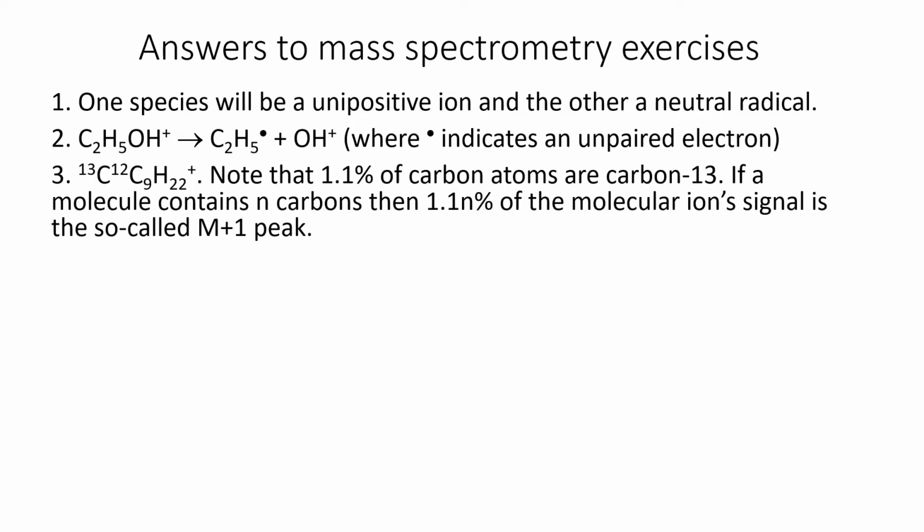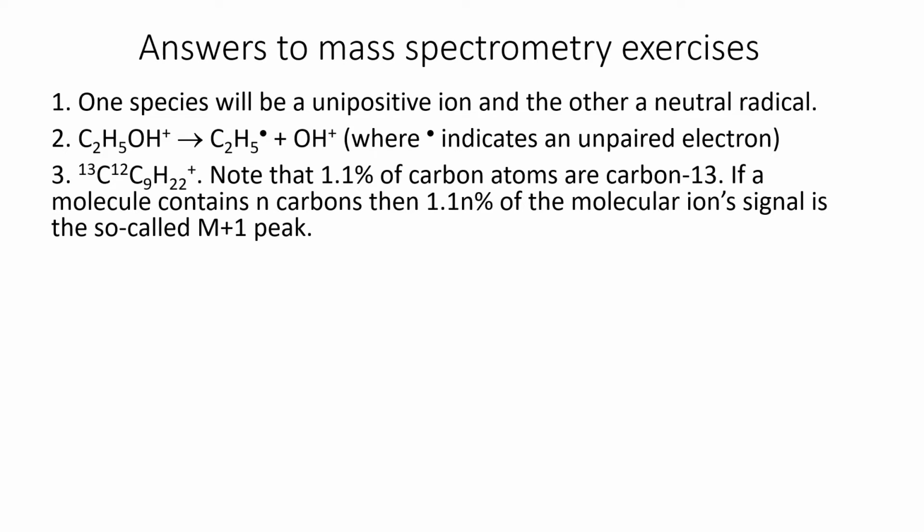So next up, we've got this question on decane. Here the decane is appearing in the spectrum 1 greater than its expected molecular ion peak. That means that one of the 10 carbon atoms has come out as carbon-13 instead of carbon-12.